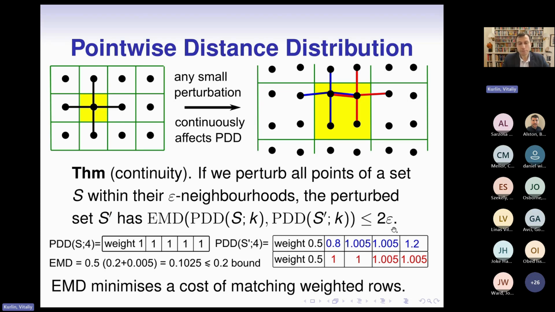And 2 epsilon can be easily explained for 2 points, for example. So forget about periodic crystals. If you have only 2 points and you shift every point up to epsilon, then the distance between these 2 points changes by at most 2 epsilon. And this theorem is simply a big generalization of this result for two points.